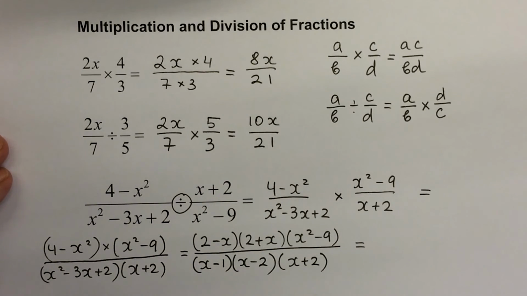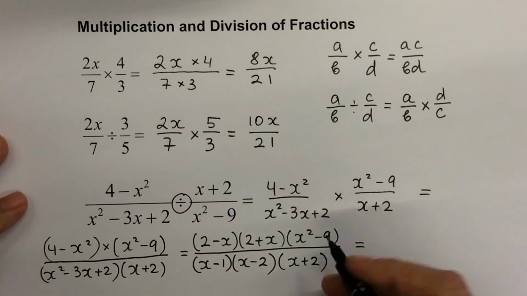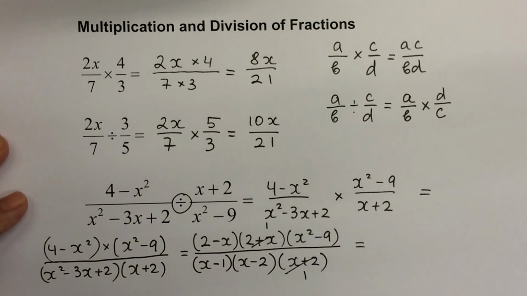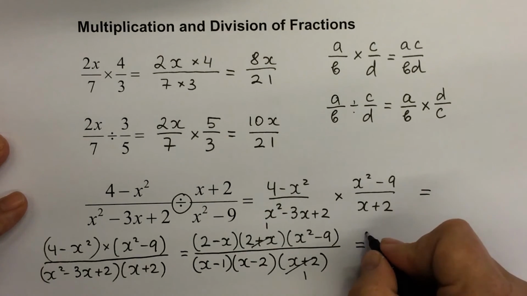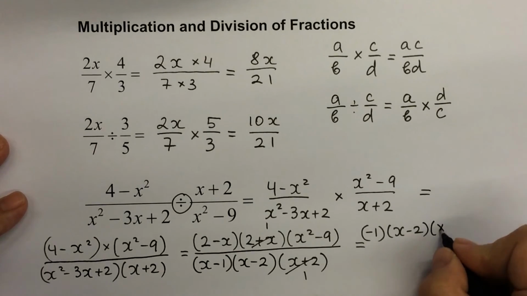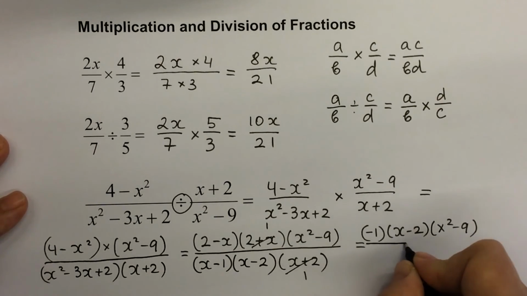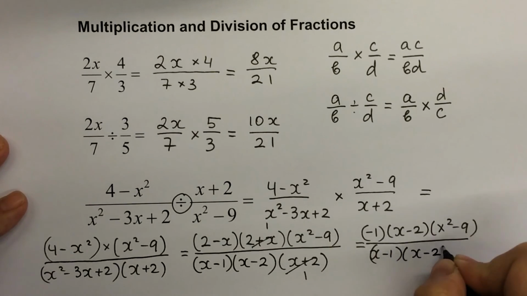So can we now cancel out something? Yes. For example, 2 plus x is the same as x plus 2, so we cancel it out, 1 and 1 here. However, 2 minus x has an opposite sign to that of x minus 2. So I'll rewrite the terms in exactly the same form first. So 2 minus x is minus 1 times x minus 2. And then we have x squared minus 9 over x minus 1, x minus 2.